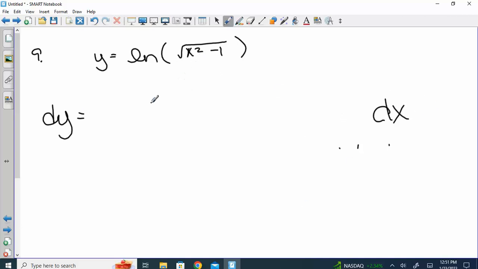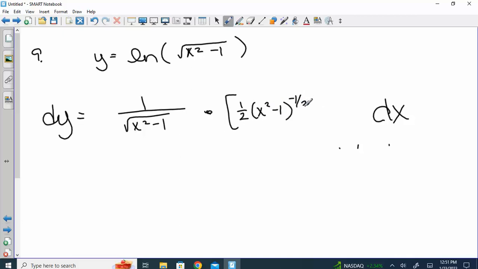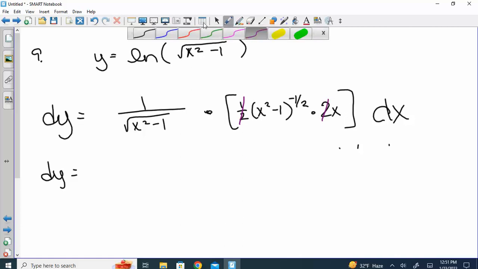So the derivative of a natural log is? Okay. So the derivative of the square root, 1/2 comes down, inside stays the same, subtract 1 from the power, times derivative of the inside, 2x. Okay. So then, 1/2 times 2 cancel.